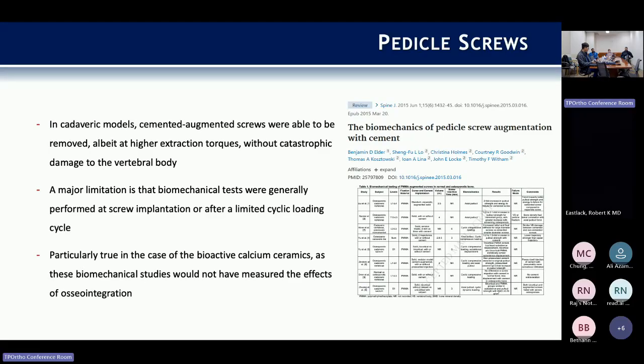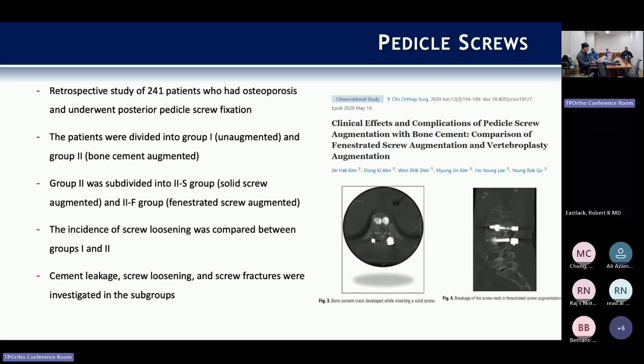Further, they stated that they were able to extract these screws safely, and they had higher torque resistance when doing so. And so this provides some confidence in augmentation with cement.